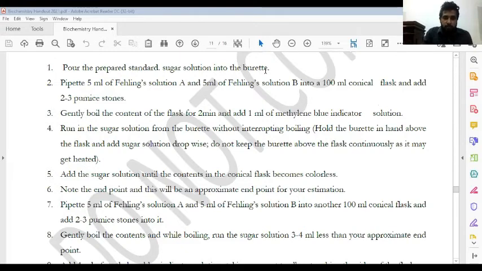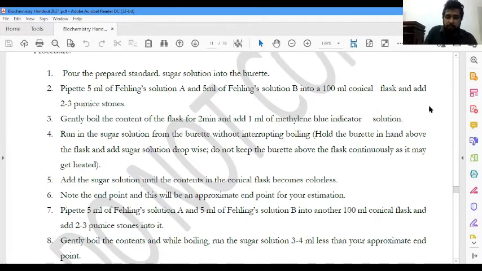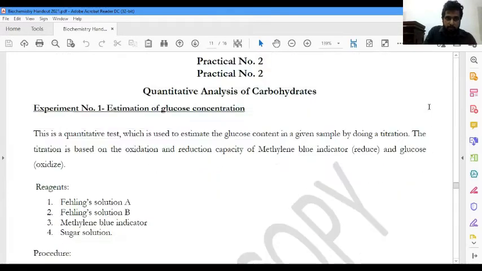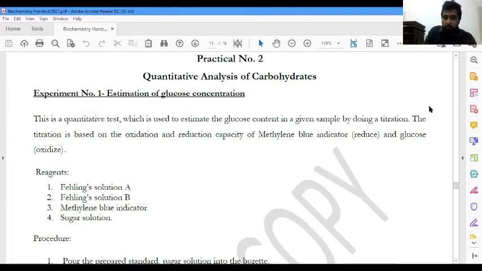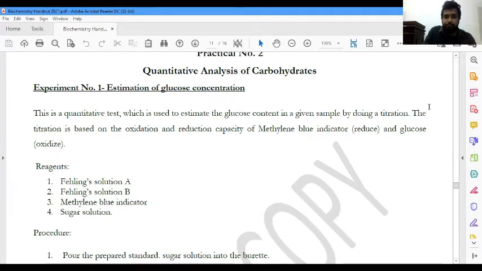Do you have a calculator? I'll give a few minutes. If not, take your calculator and a piece of paper and a pen. We will do the calculation here. I will provide you readings, and you have to submit this as your practical record, estimation of glucose.